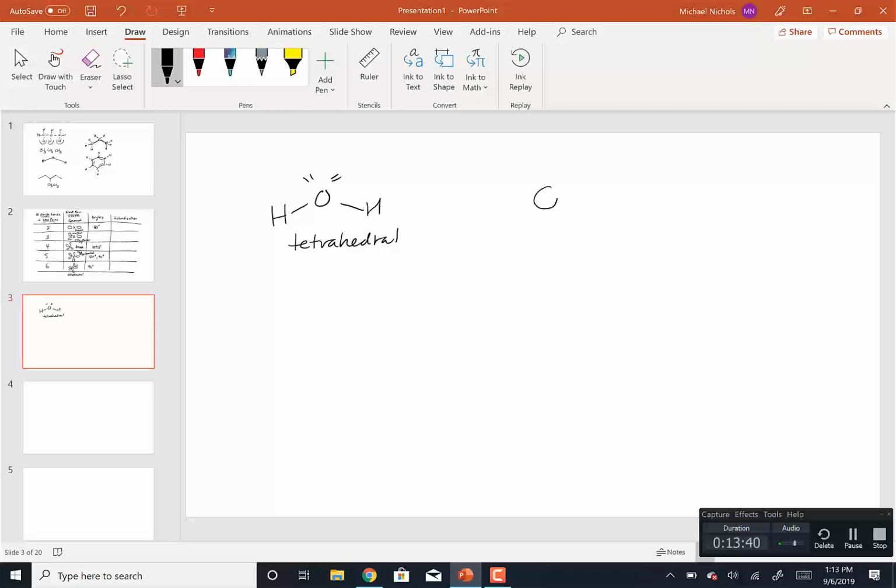And if I was the oxygen, I would then have a tetrahedral geometry with the hydrogens forming 2 bonds and the lone pairs in the other 2 lobes. We haven't moved to orbitals yet, but in the other 2 lobes. So I'm interested in where the lone pairs go as well.